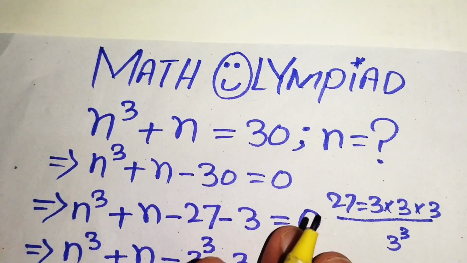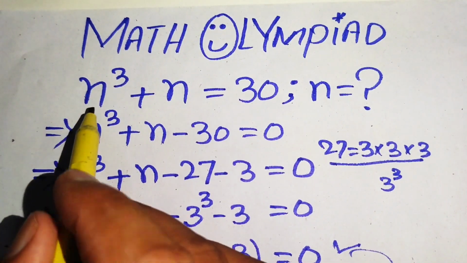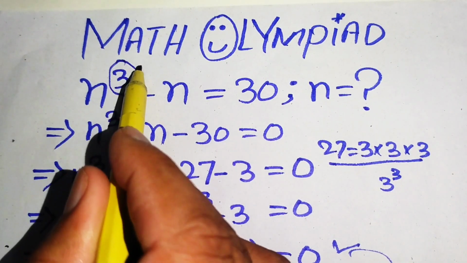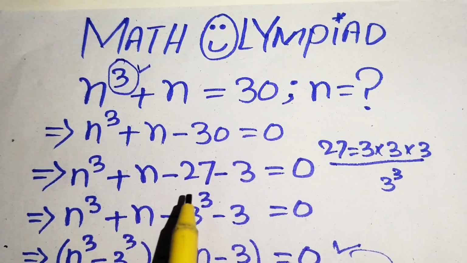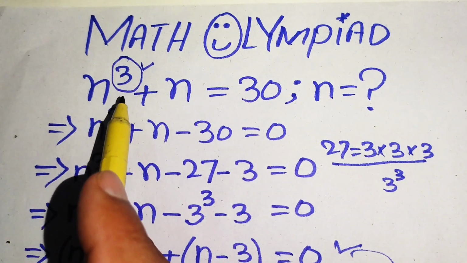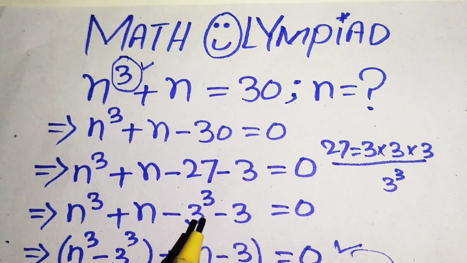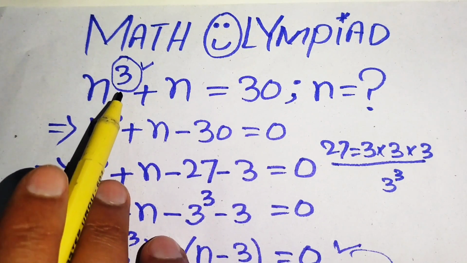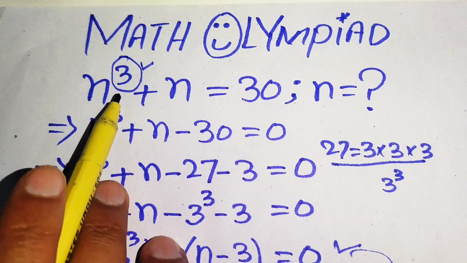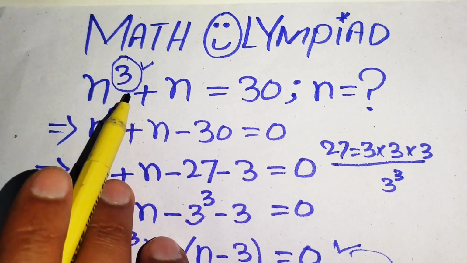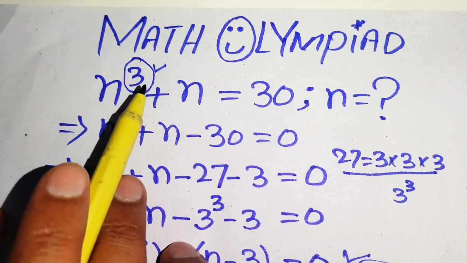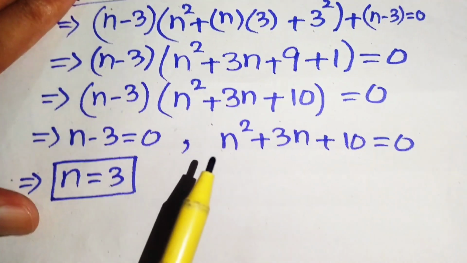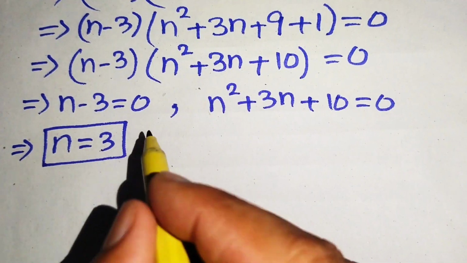If you focus on the given question, the highest power of this equation is 3, so it means we need to find 3 roots of the given equation, because the exponent tells the number of solutions or roots that exist. So this is the first real root.